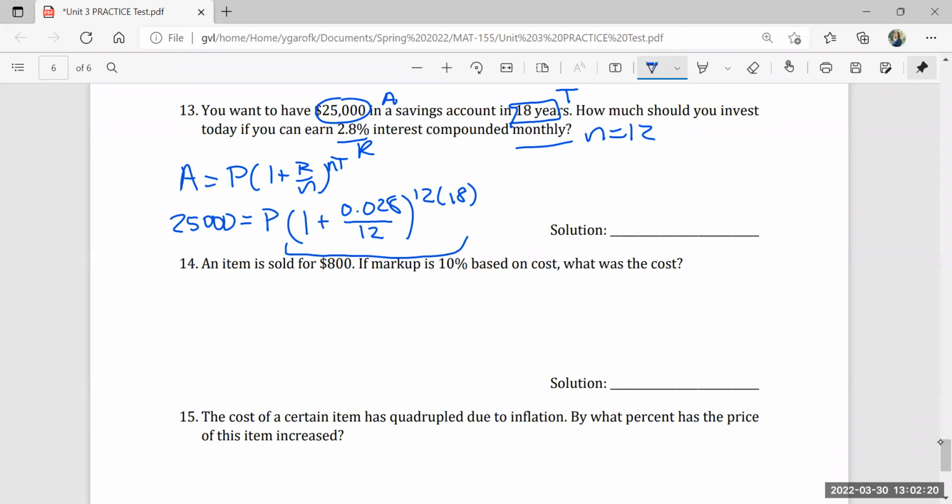And that is going to give us $15,111.60. So not a bad return. We need to invest around $15,000 today to have around $25,000 in 18 years.